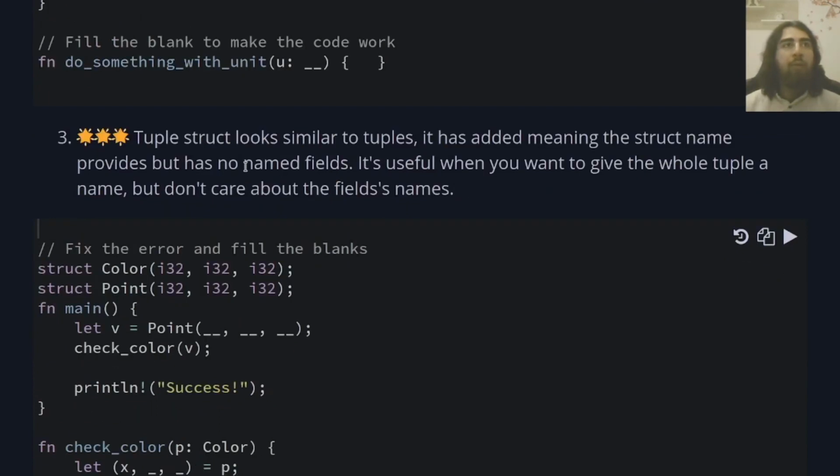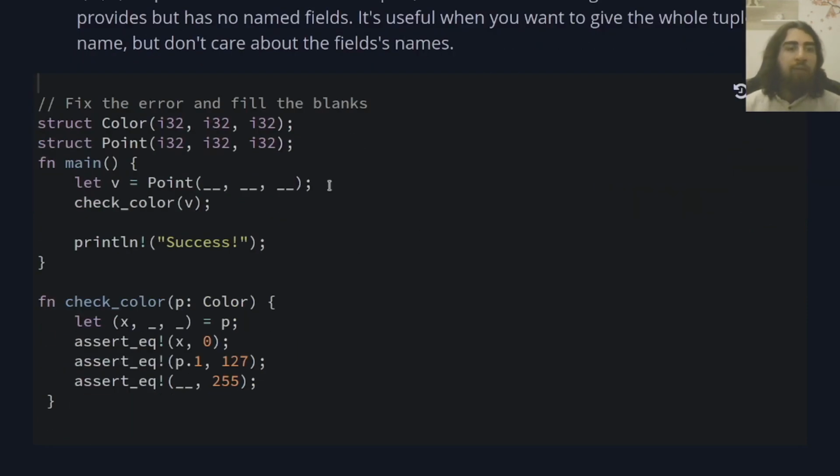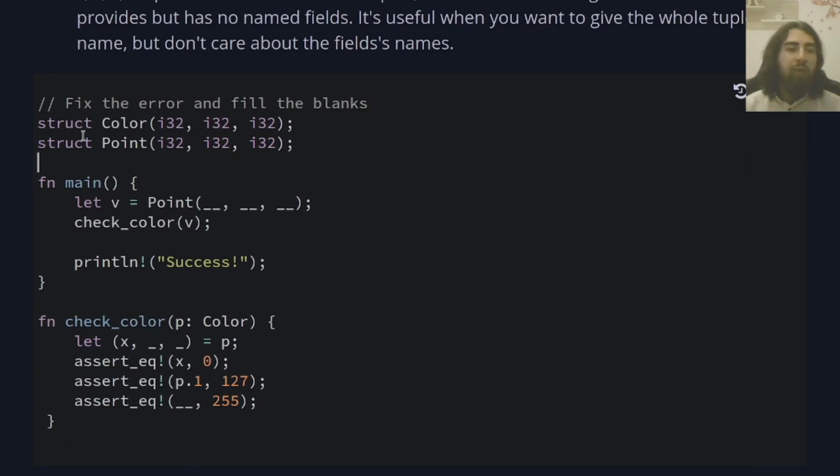Number 3. Tuple struct looks similar to tuples. It has added meaning the struct name provides but has no named fields. It's useful when you want to give the whole tuple a name but don't care about the fields' names. So as you can see over here, we have two tuple structs, one color and one point.